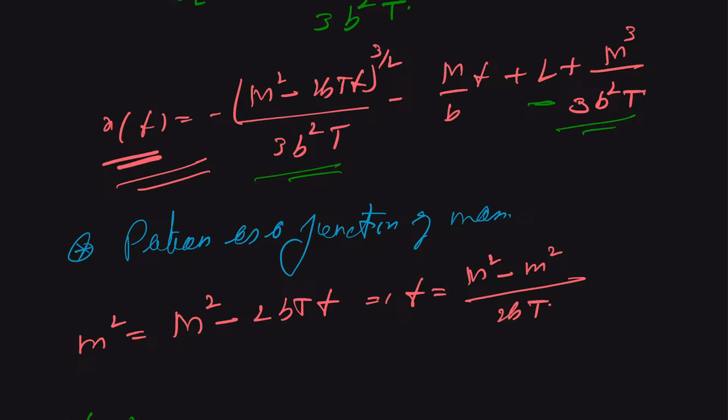So if we substitute t, this 2bt cancels out. So it's almost done.